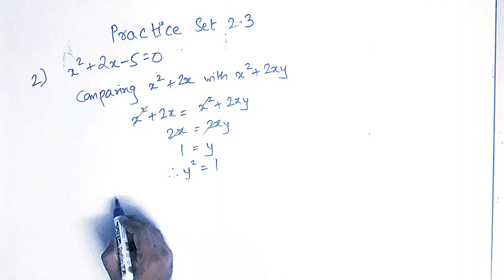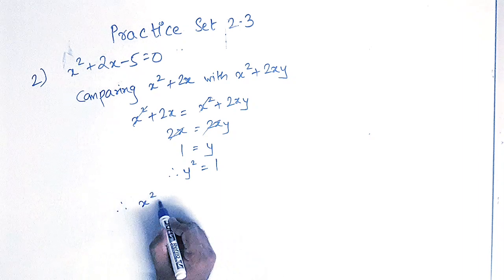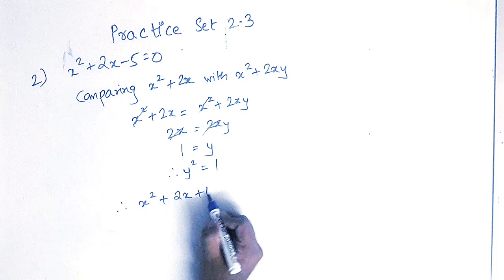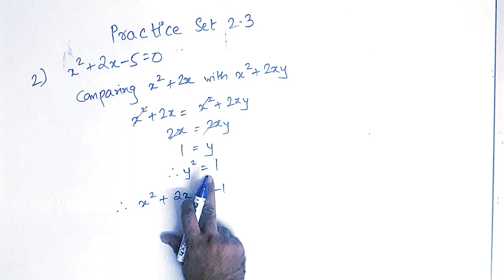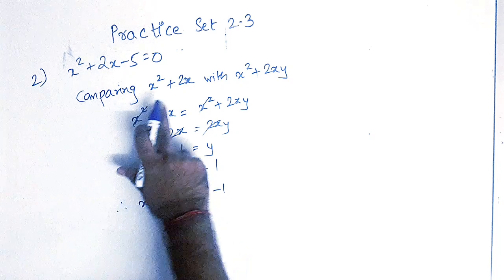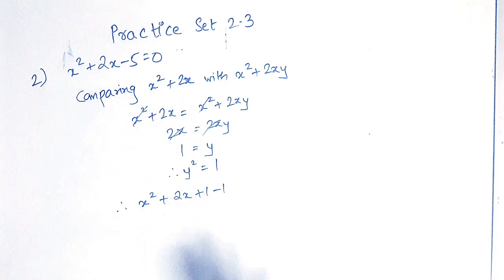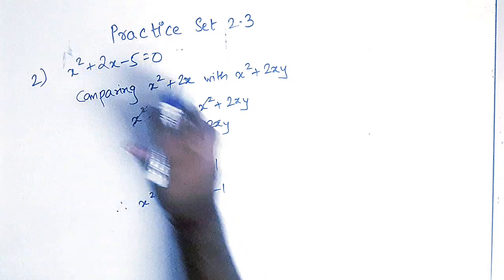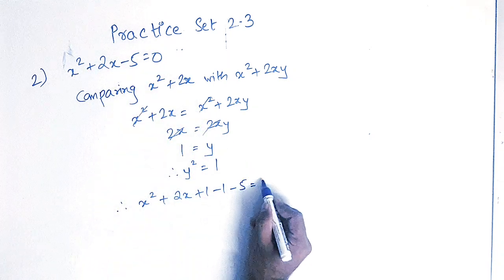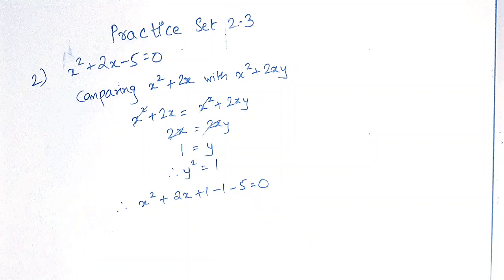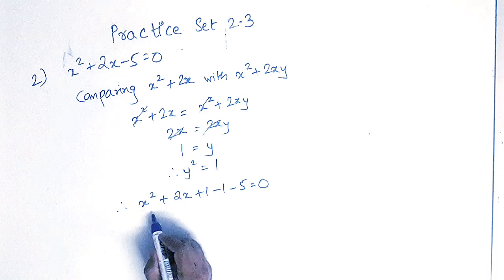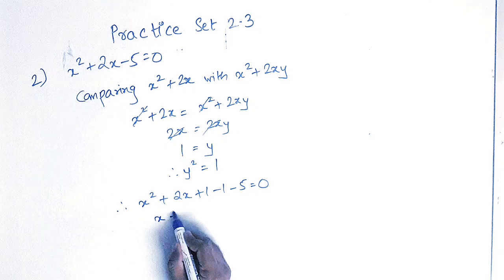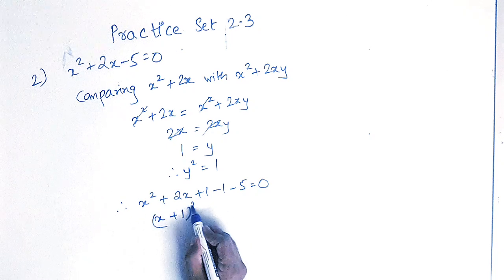So you know the next step. Therefore x square plus 2x plus 1 minus 1. Here we put this y square so that we get now x square plus 2xy plus y square form, minus 1, and then we write this minus 5 equals to 0. Now what is this? This is, you will write this a plus b the whole square.